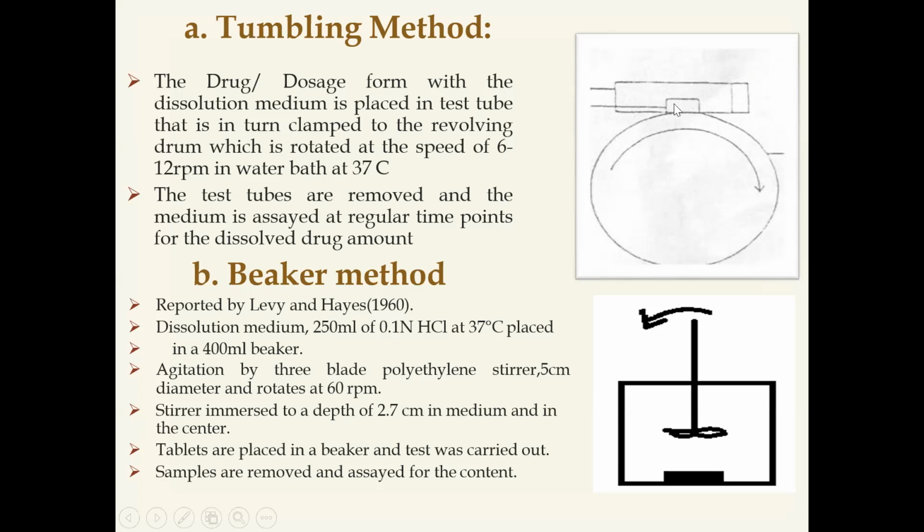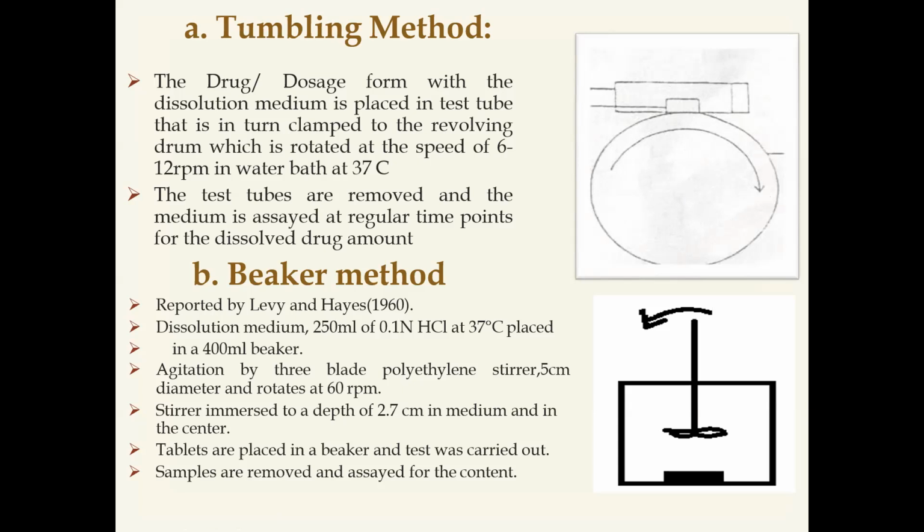This is the dosage form, and this is the rotating drum. The drum is rotated at the speed of 6 to 12 RPM. The temperature is maintained at 37 degrees centigrade.